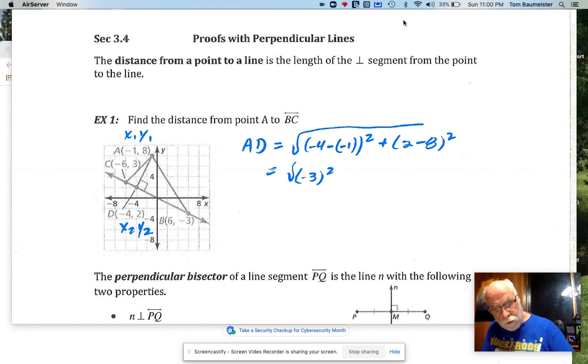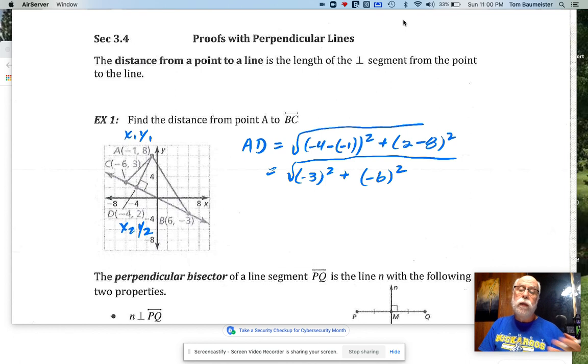Notice how I put it in parentheses again. Plus 2 minus 8 will be (-6) squared. If you don't put it in the parentheses, ladies and gentlemen, again, remember, it will just take it as -36, not positive, because a negative times a negative. So put it in parentheses.